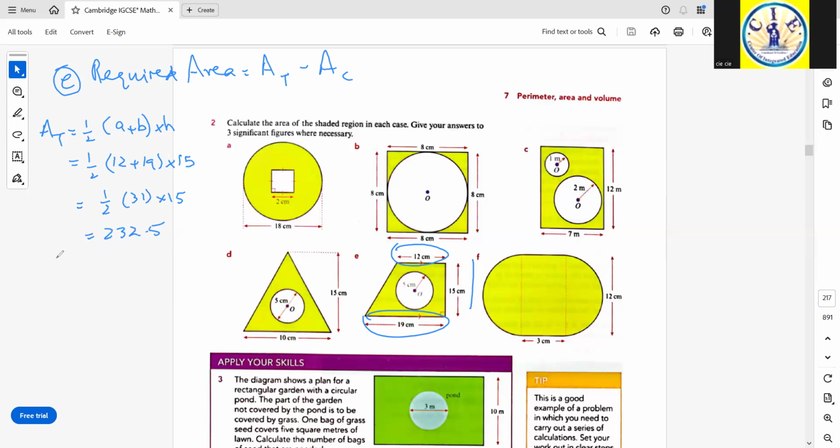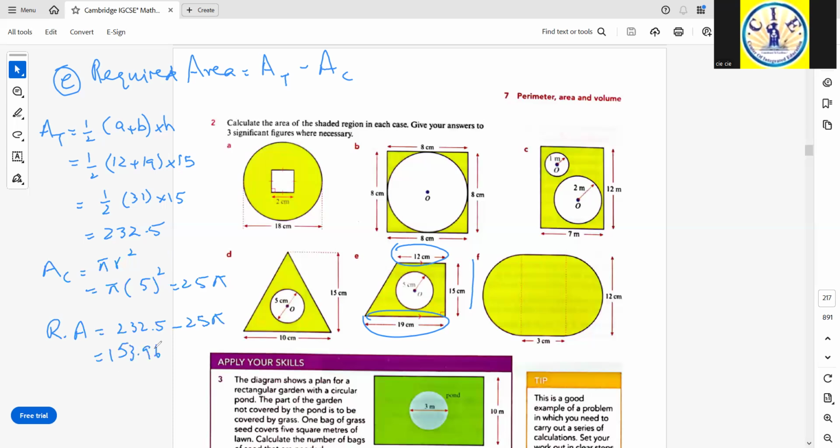And area of the circle is pi r squared. Pi times the radius, 5 squared, that is 25 pi. So the required area is 232.5 minus 25 pi. Using my calculator, now I can give the complete answer. 232.5 minus 25 times pi, 153.96.